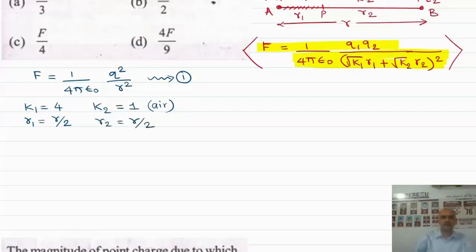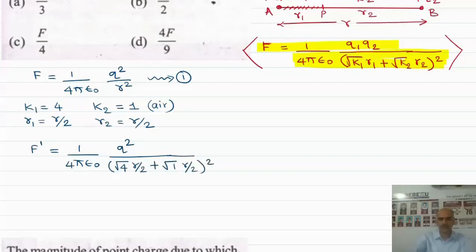Now I will substitute in the formula. I will write this as F dash, which we are required to find. F dash is equal to 1 by 4 pi epsilon naught, q square divided by root of 4 into r by 2 plus root of 1 into r by 2, bracket square.